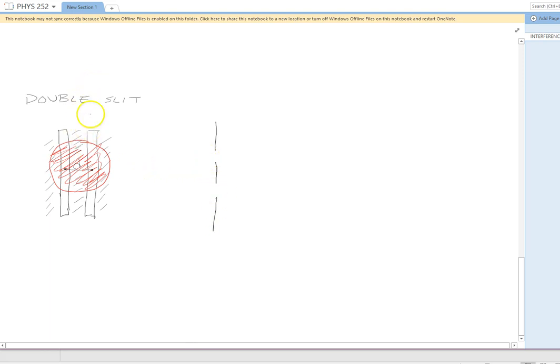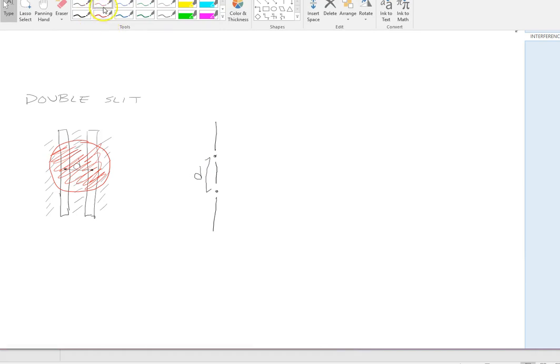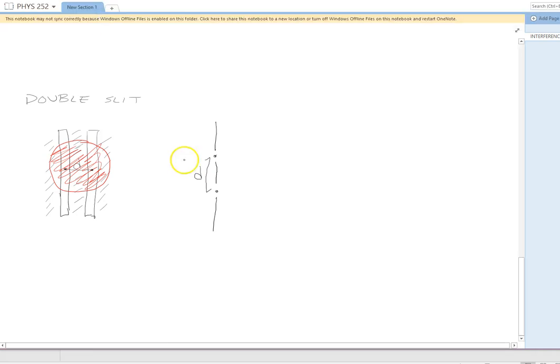Okay, so I'm sort of looking down on top of this. So my distance D, that separation distance between the centers of the slits, would be like that. And then my laser beam I would represent like this. So the laser light's coming like this. Okay, it's definitely catching both slits, so it's all filled in here.